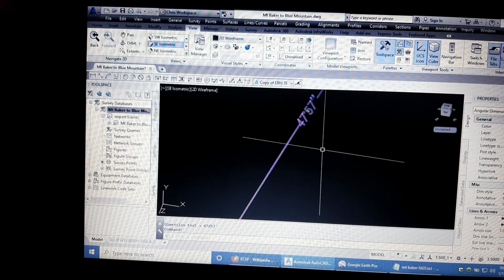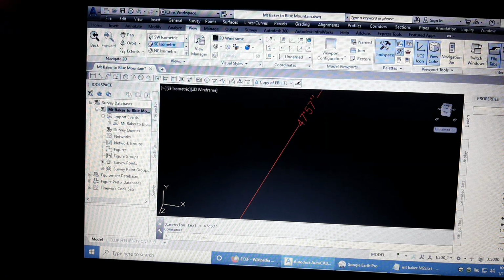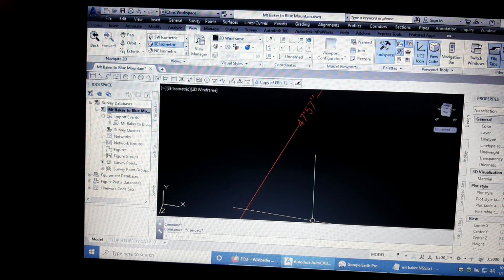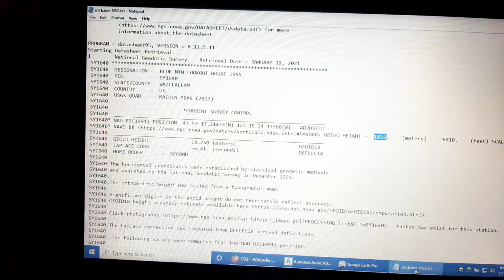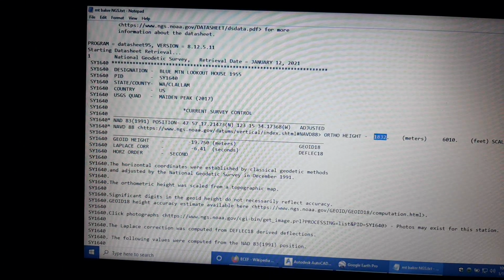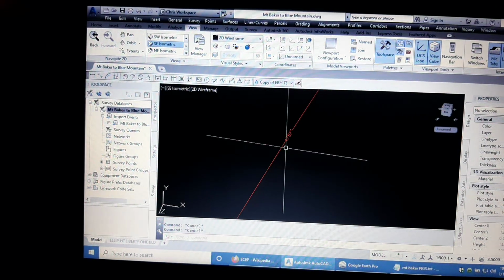Probably be upside down. So 47 degrees and 57 minutes. Okay. And so then staying here, position 47:57. Okay.